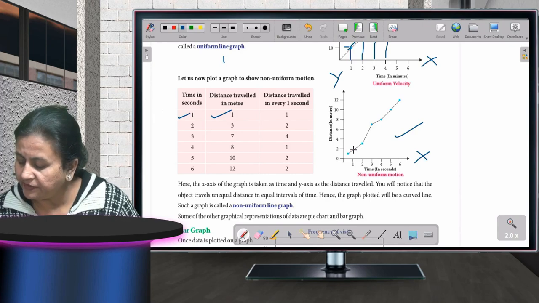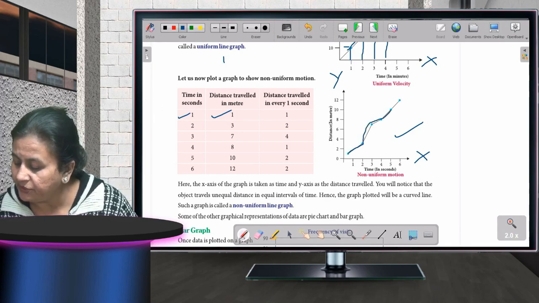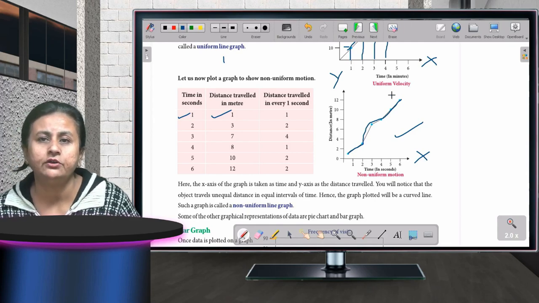So it is not in a straight line. You can see, is it in a straight line? No. That means here the motion of the body is non-uniform motion.